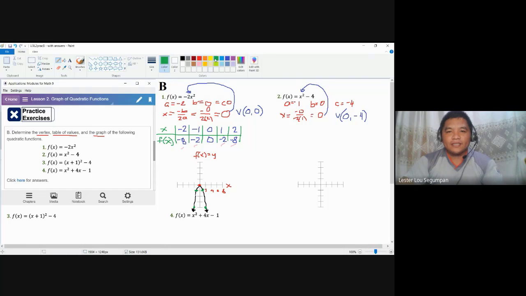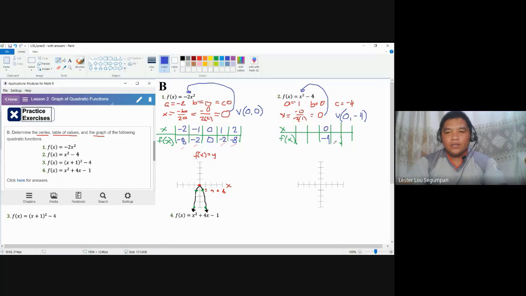Upon determining the vertex, similar to number 1, we can now create our table of values. Again, we are going to need at least 5 points, where the vertex is located here, 0 and negative 4.